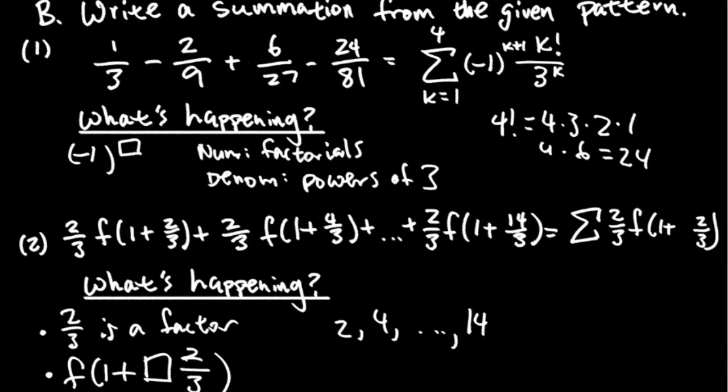So this would be 2 times 1, 2 times 2, and then this would be 2 times 7. So that would make it so that our k could start at 1, and then it'll go to 7, and that means the number that gets multiplied in front there is just k.